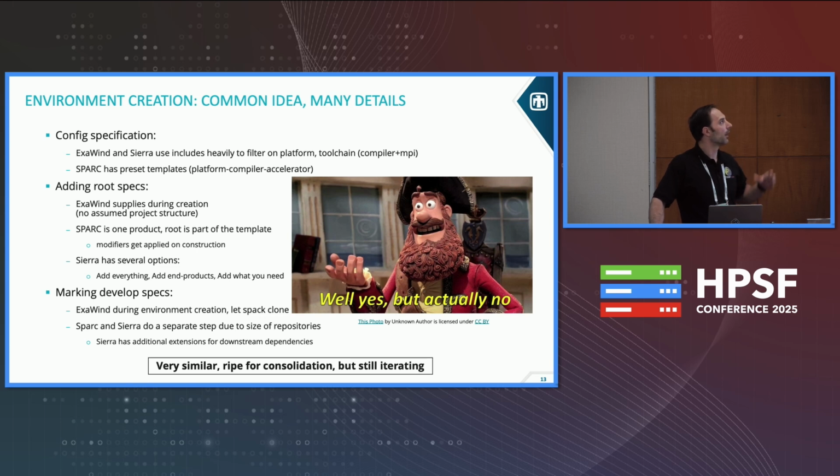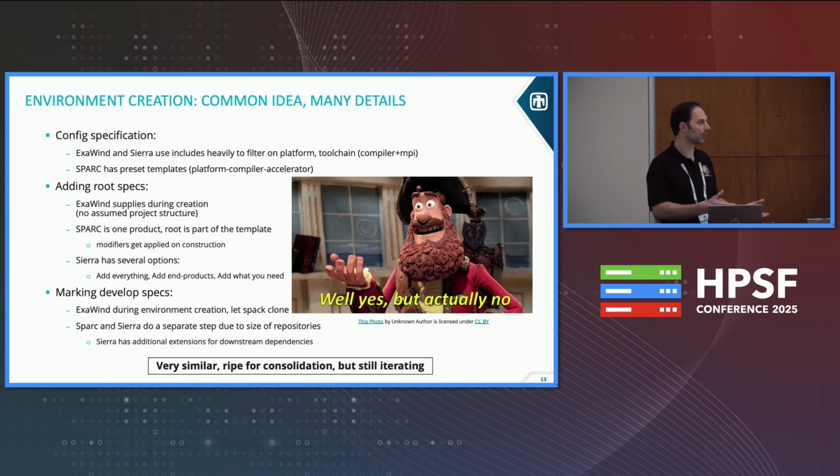Spark has basically a preset template, which allows them to just take that template and build it, and they may modify it. But due to the fact that they're just a single application, they've taken a much more customized approach. I don't know if I want to dwell too much on all the details here. I think it comes down to a lot of this being the structure, but I think we are very, very similar here.